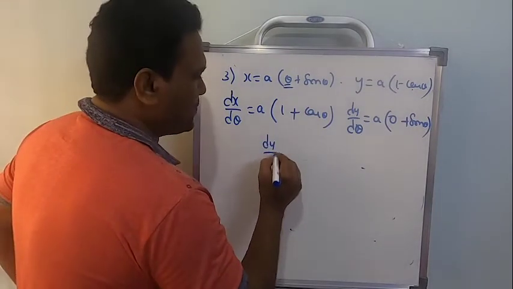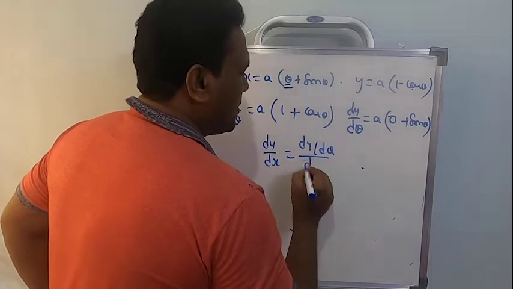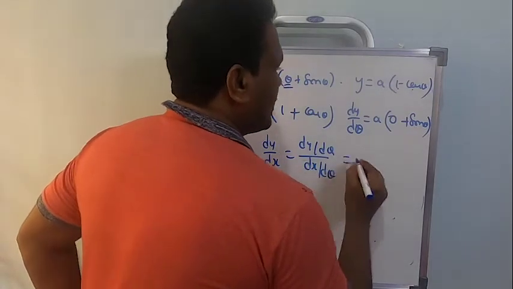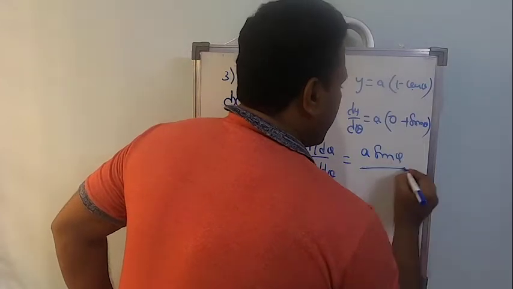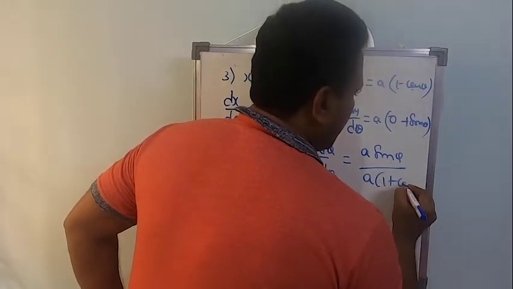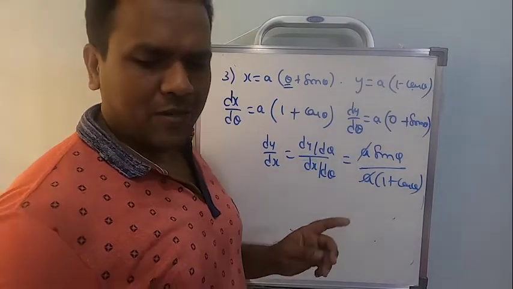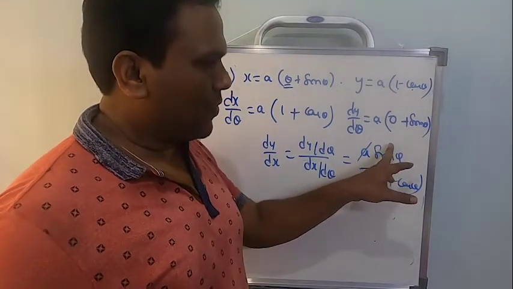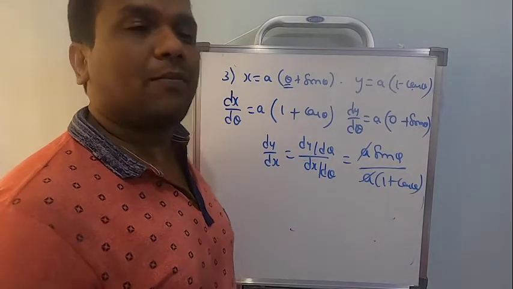So write the formula here, dy by dx equal to dy by d theta divided by dx by d theta. So if I multiply this, it's a sine theta by a into 1 plus cos theta. Eliminate a. You can leave it here, but if you are good enough, you will notice that for the numerator and denominator we can apply sub-multiple angles.